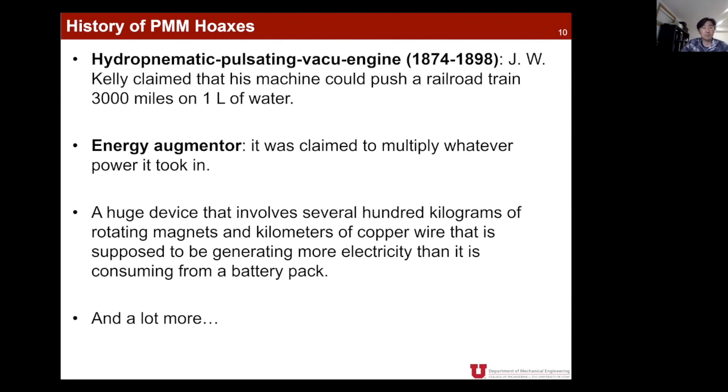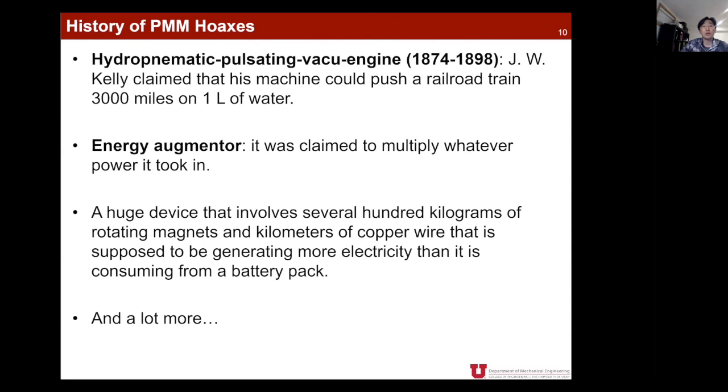That is so confusing, isn't it? But obviously, if you really try to do a very rigorous thermodynamic analysis, then you can realize that this type of device cannot happen.